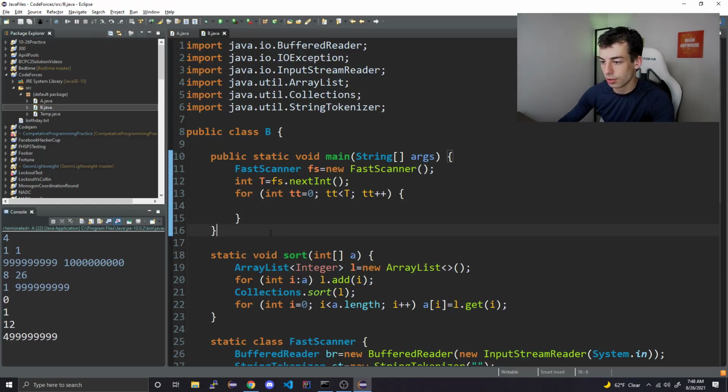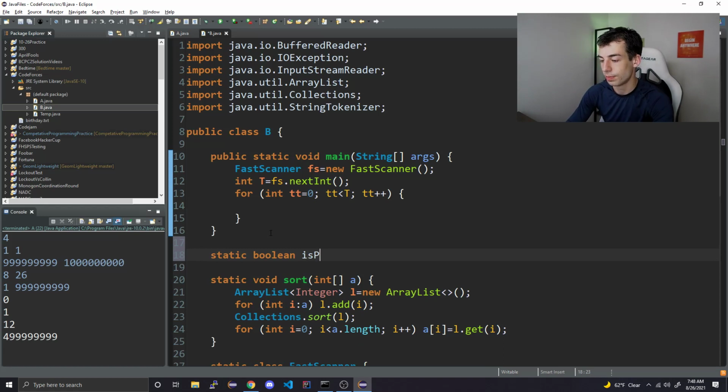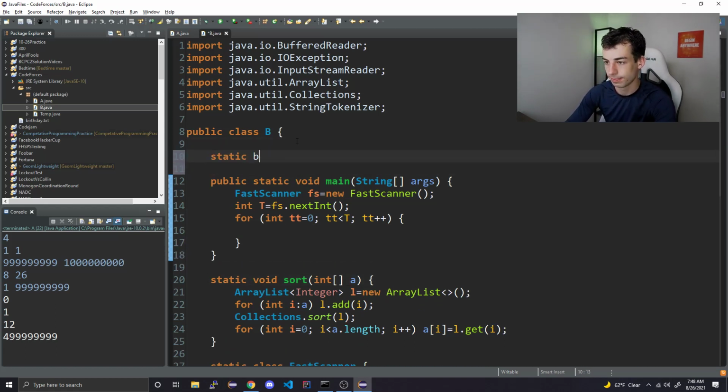Gotcha, okay. So static boolean isPrime, let's just pre-compute the primes.